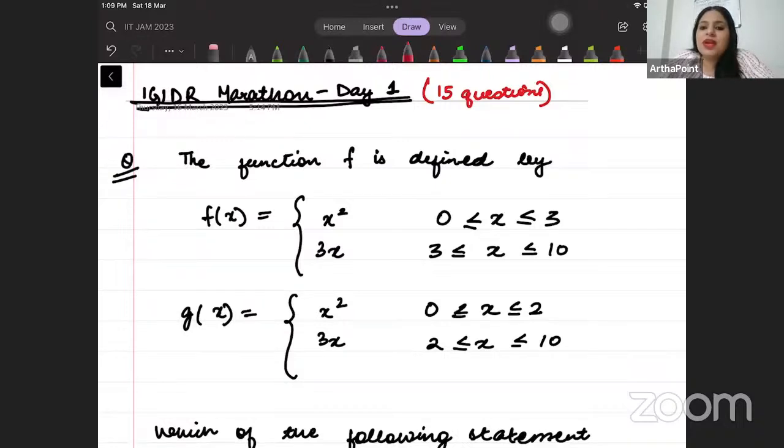We will also do some part of English, just to give you an idea of the type of questions asked in the exam. So let's begin with the first question.